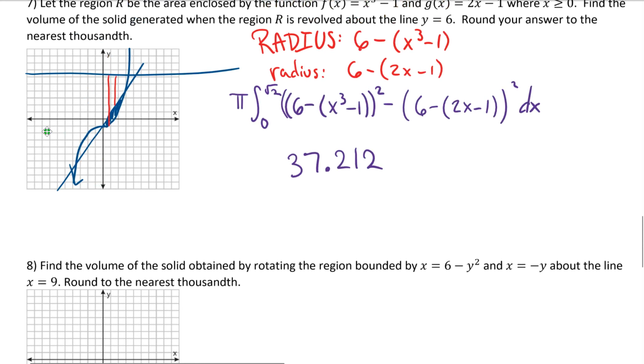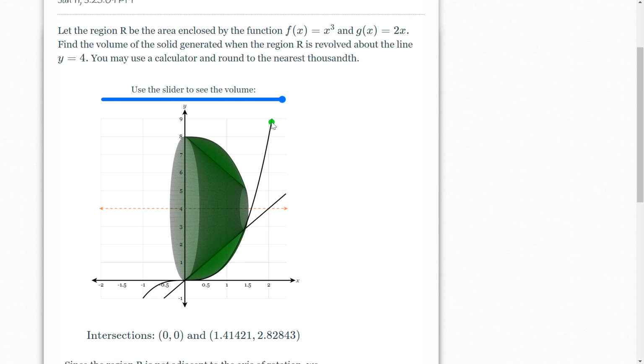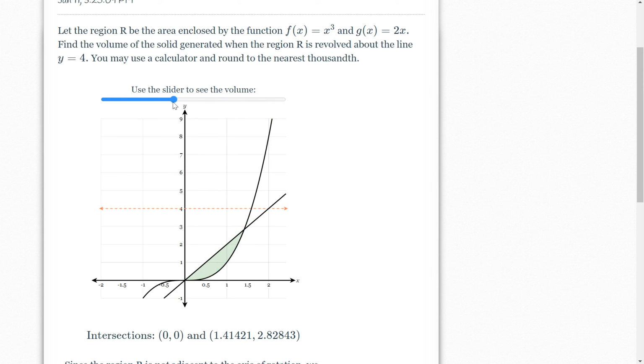Oh, one thing I should say about this sketch right here is this was a pretty rough sketch. Like I definitely didn't have all the details in there. I had my calculator for that. But I just gave you a quick rough sketch because I thought, oh, I don't want to draw it very good. Another thing that I wanted to show you is this isn't the same question that we just did. This is a very similar question, but when you guys do your practice, I wanted to show you how these accumulate.